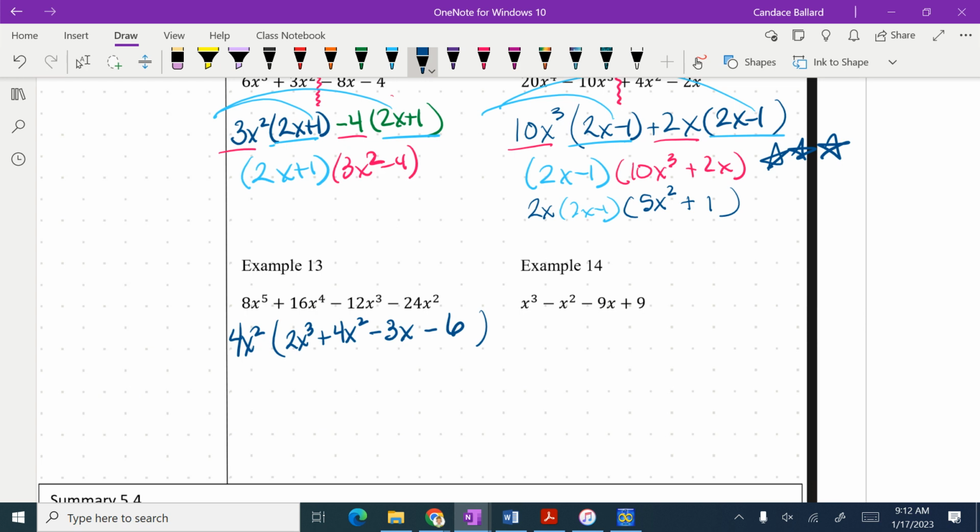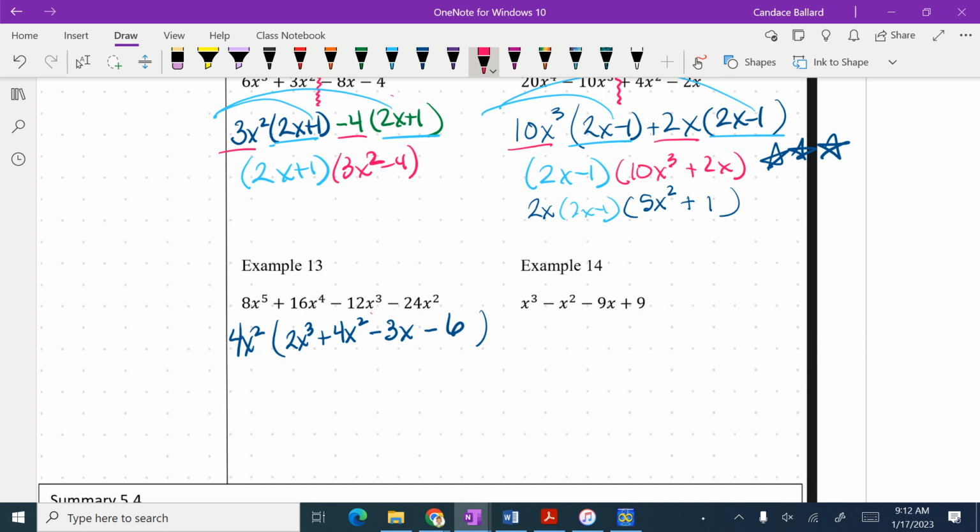Did I do that right? Everybody good? There's nothing else that divides all three. How many terms do I have left in the parentheses? 4. So what kind of factoring am I supposed to use? What's our new one called?